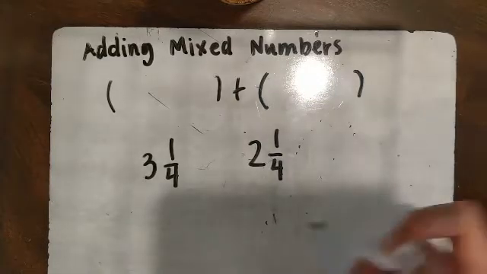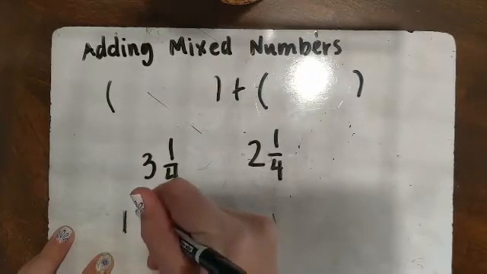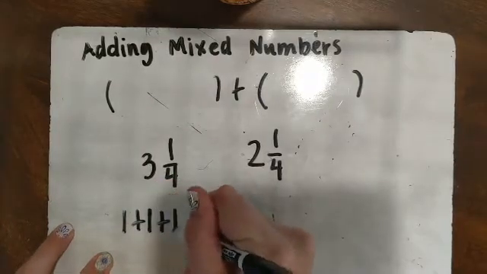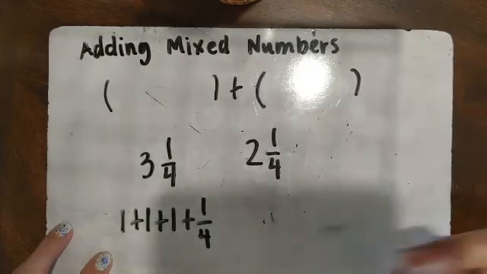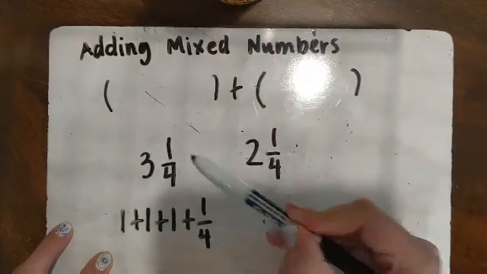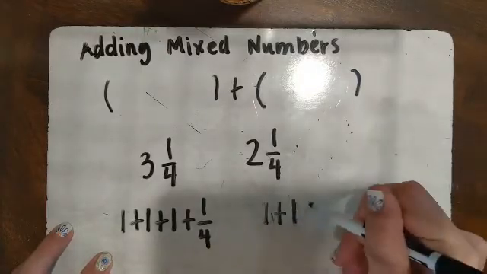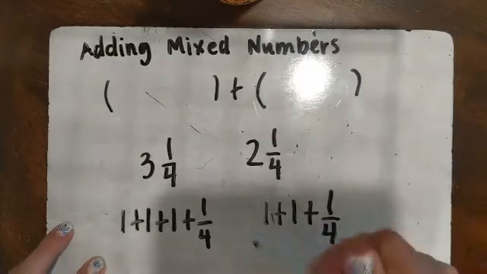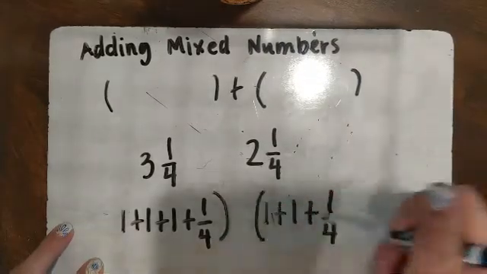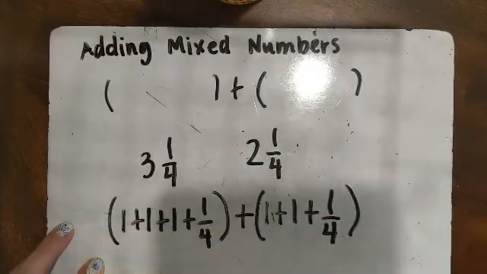All right, so first off, this 3 1/4 is the same as 1 plus 1 plus 1 plus 1/4. Yeah? And 2 1/4 is 1 plus 1 plus 1/4. So then we're going to add all of that together.